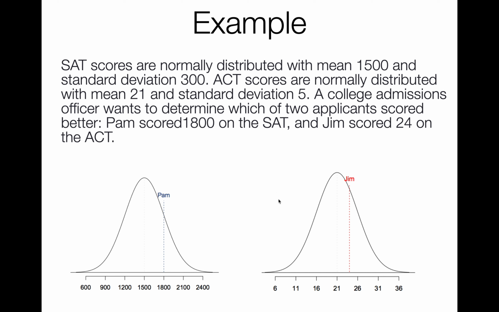If I have these two normal distributions down below, and I place Pam at 1,800 for the SAT normal distribution on the left, and then Jim at the 24 for the ACT on the right, I can look at them and say maybe it looks like Pam did better than Jim, but it's kind of hard for me to compare them separately.